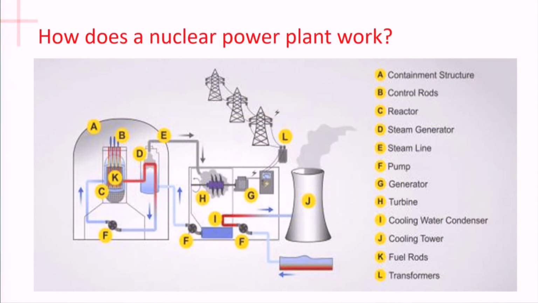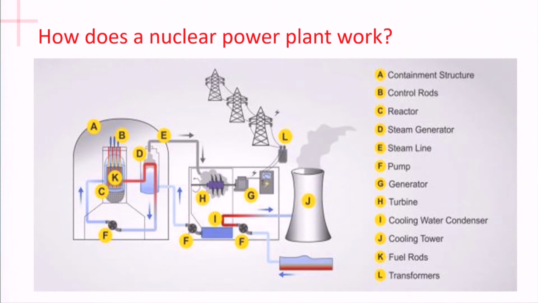So, now let us see how a nuclear power plant works. As the picture indicates, the various parts are mentioned. The nuclear reactor is the place where the nuclear fission takes place, and when the nuclear fission takes place, an enormous amount of heat is generated. Cooling water is pumped into this reactor, and this water absorbs the heat and takes it to the turbine, and this heat in the form of steam is used to run the turbine.